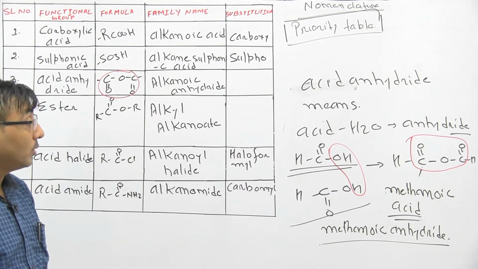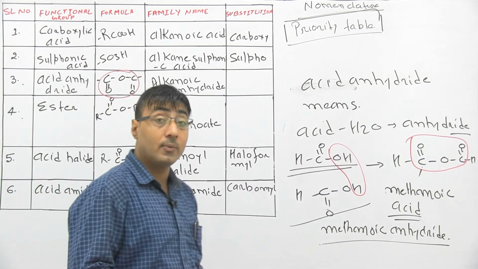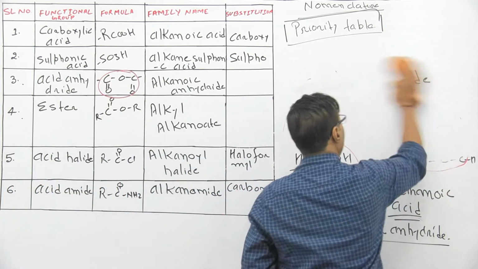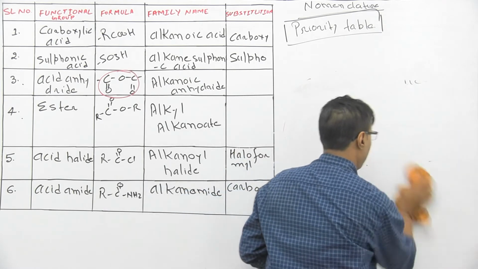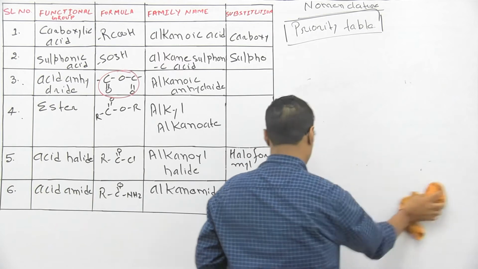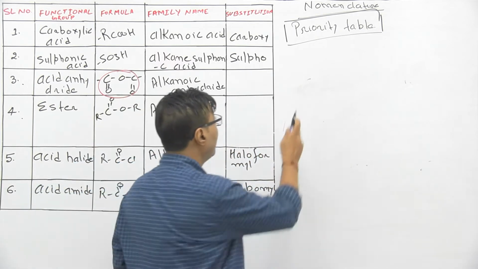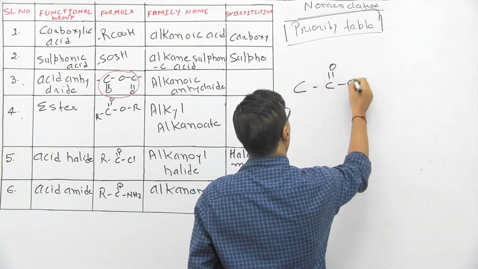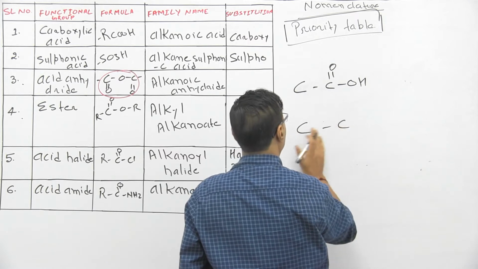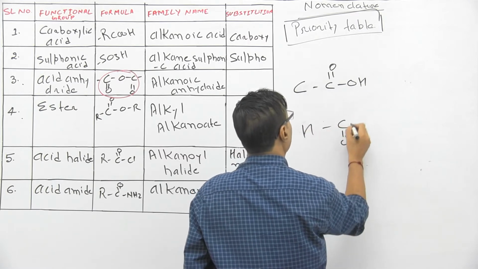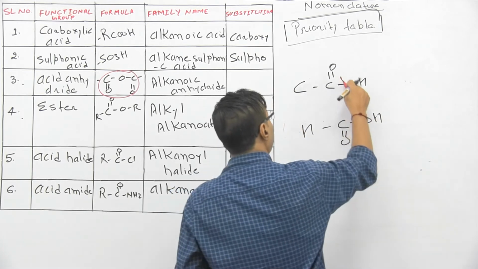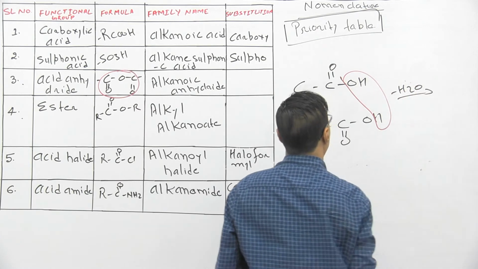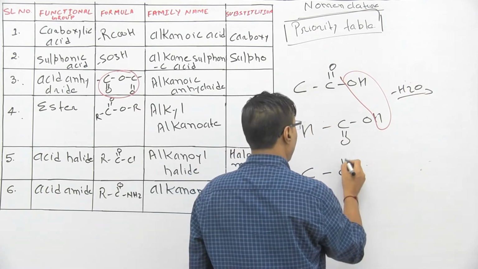But what can be there if the 2 acids are different? For example, suppose I change this example. Now this compound will appear like this.